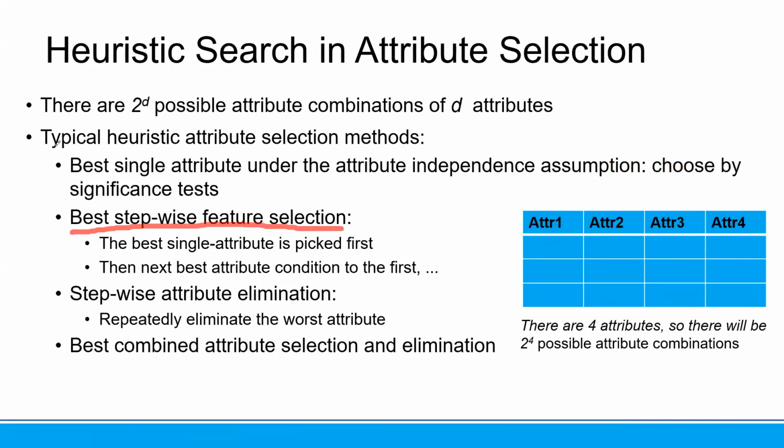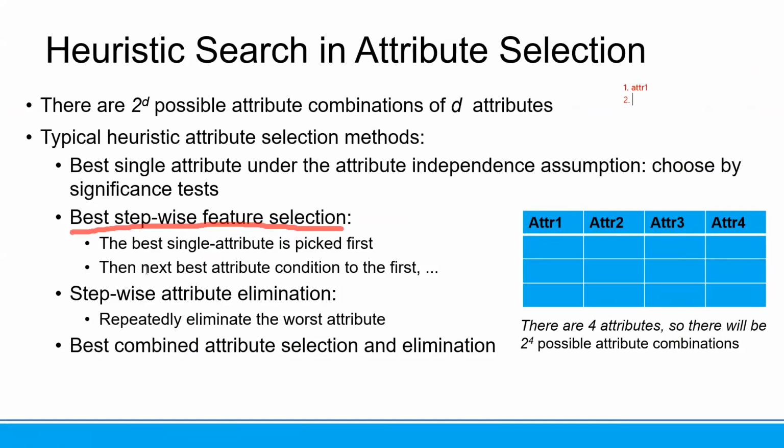First, the best single attribute is picked first. Maybe from attributes 1, 2, 3, 4, I can calculate with the correlation. You still remember correlation? With correlation, I can calculate that attribute 1 is the best, so I choose attribute 1.